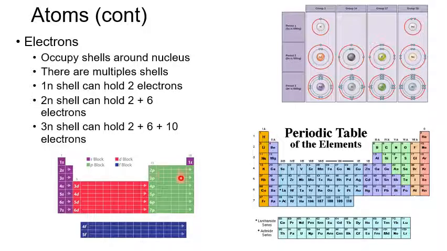What would we have to do electron-wise to get carbon to have the same amount of electrons as the noble gas here, neon? We would have to add 1, 2, 3, 4 electrons to the carbon shell. We'd have to add 1, 2, 3, 4, and we would have filled the 2s and the 2p here.